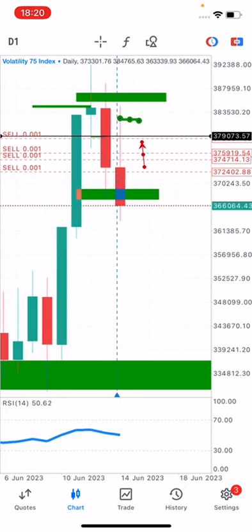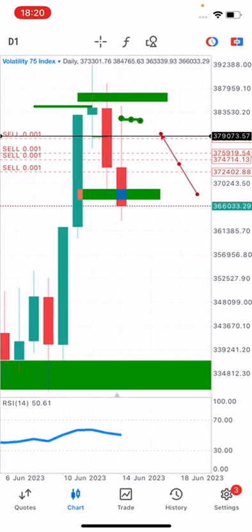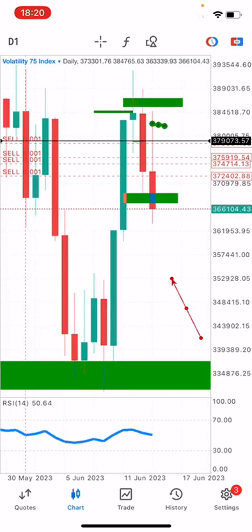This is our daily time frame. So what's happening here? We look at where the market formed the insufficiency. We look at this insufficiency here because this was the previous spike, right?